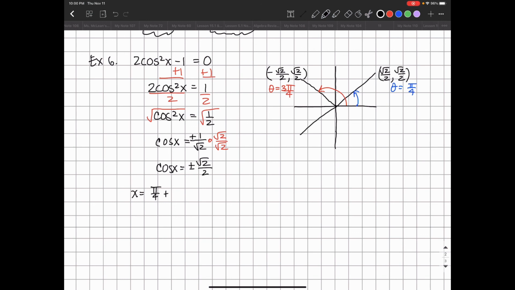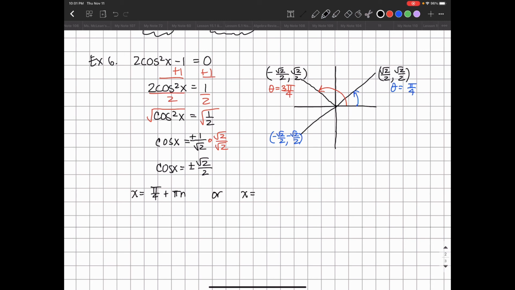If I add pi to this, I'm going to be at the point here where it is negative square root of 2 over 2, negative square root of 2 over 2. And then if I add pi again, I'll be back there. So instead of writing plus 2 pi n, when I have positive and negative answers, I just write plus pi n. So that is one of my answers.